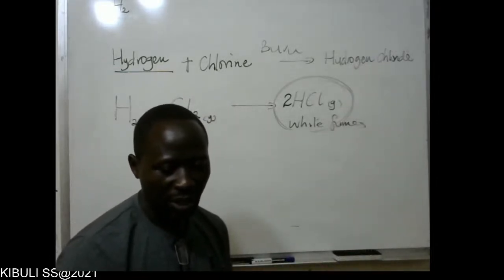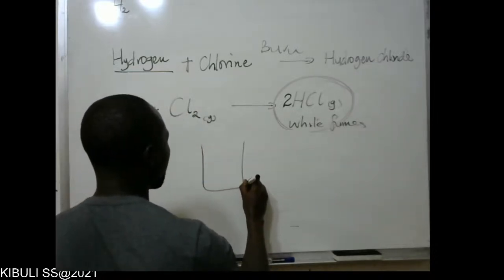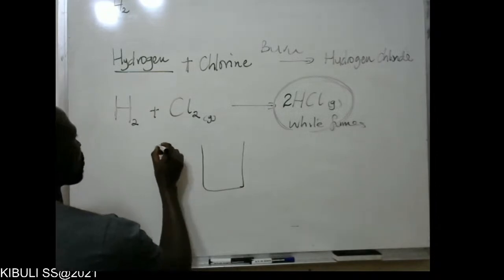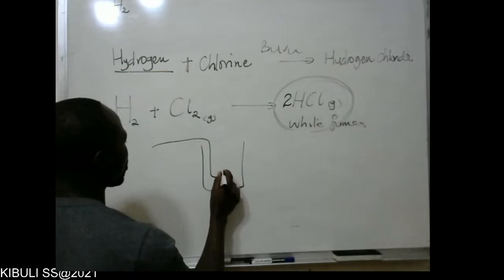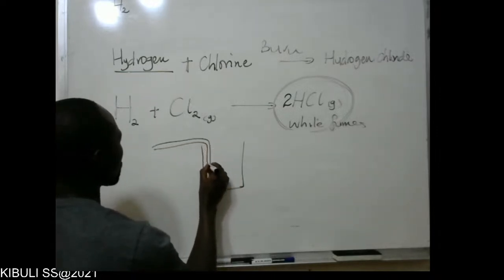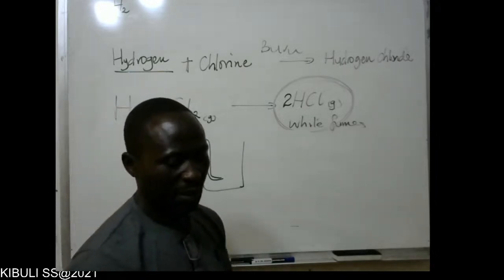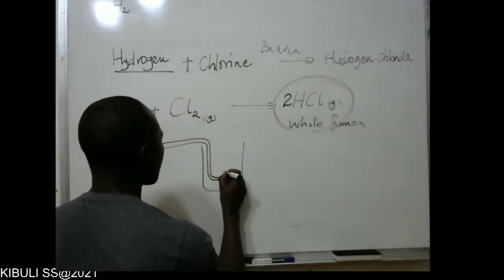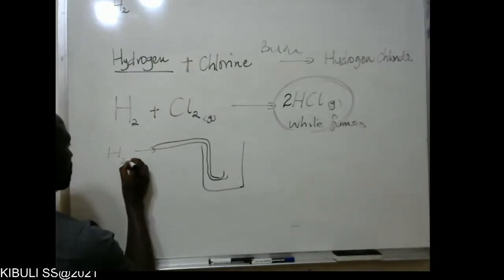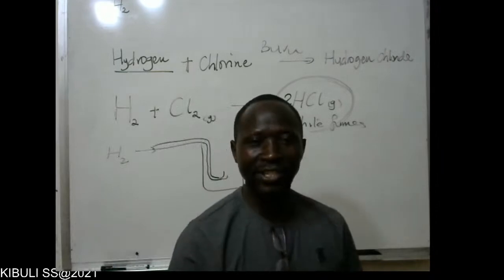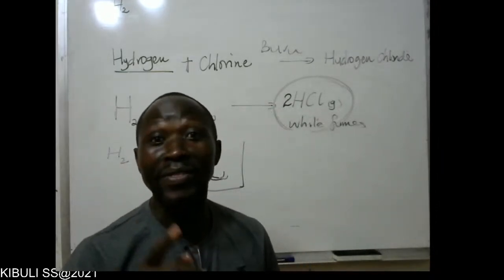Therefore, in your notes, what happens? You have a container that has chlorine in it. A delivery tube bringing hydrogen into this chlorine has been drawn. This is hydrogen coming in. When you light hydrogen, it readily burns with a yellow flame.